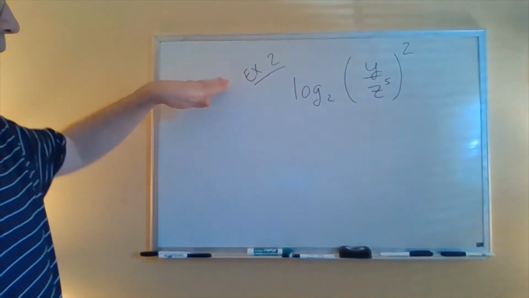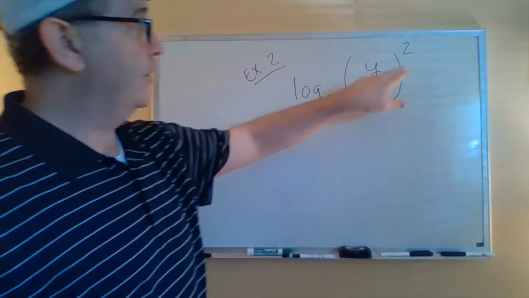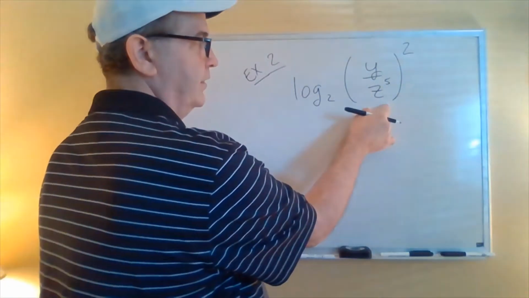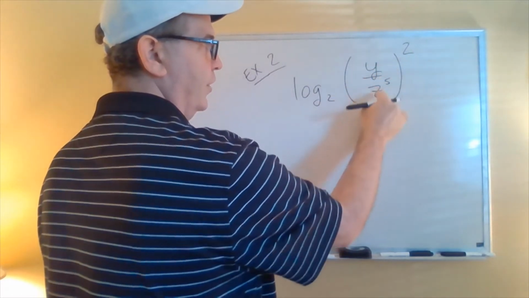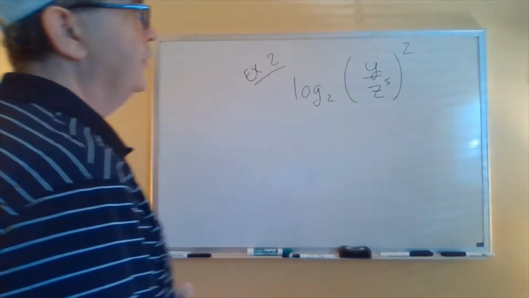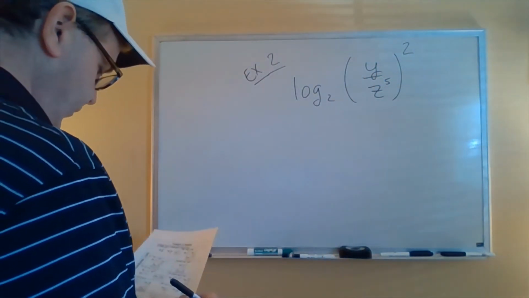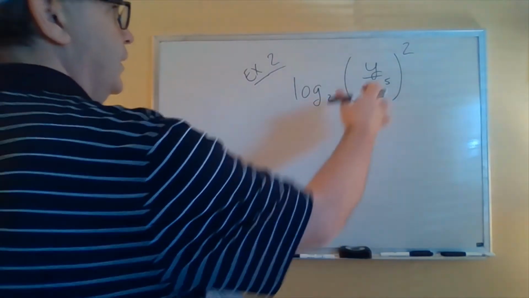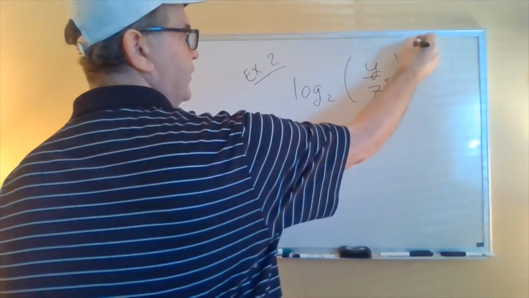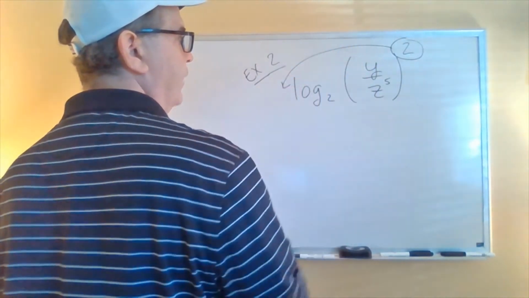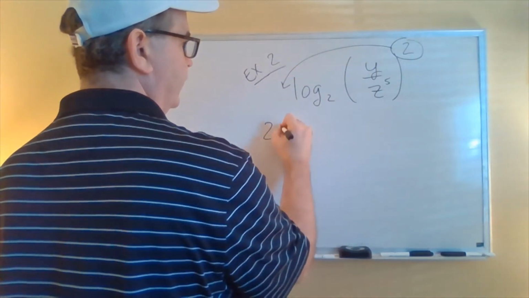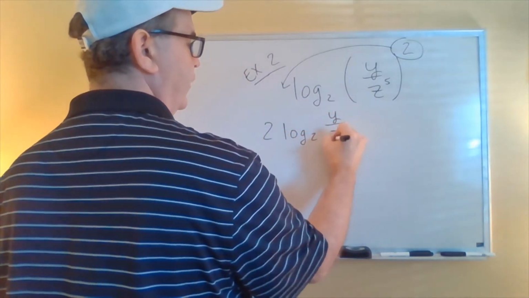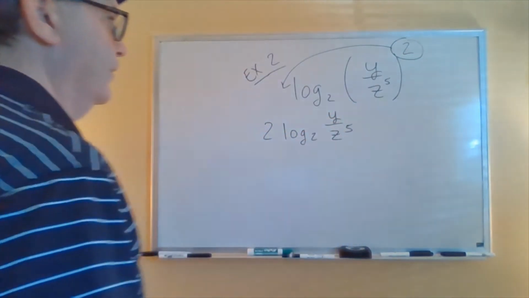So in this case, unlike example 1, our exponent of 2 applies to everything going on in here because it's outside the parentheses, and this exponent belongs to the entire parentheses. So I'm going to go ahead and take that 2 outside. So let's pull that out rather than distribute. So I'm going to put 2 times the log base 2 of y over z to the fifth.